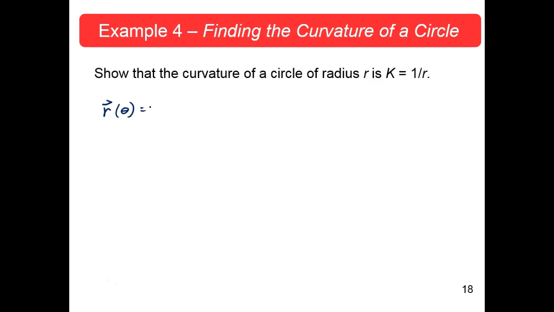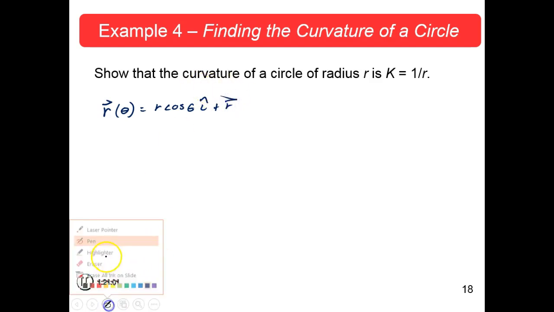And of course, I think we know what that would be. Now, here's where we run into problems, okay? If this is a circle of radius r, that r has nothing to do with this r right here. This is just your displacement vector. Okay, well, I take that back. If this is from the origin, yeah, that's also your radius. In a strange sense, it is the same. Okay, but this is r cosine theta i plus r sine theta j.